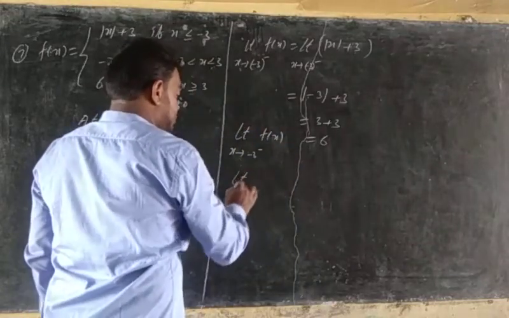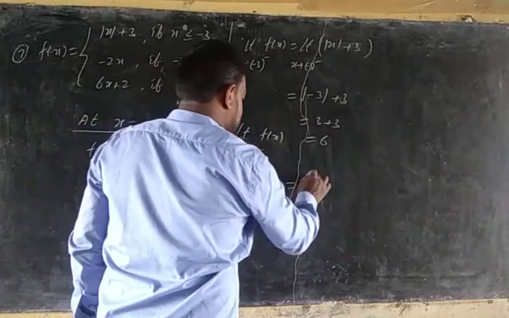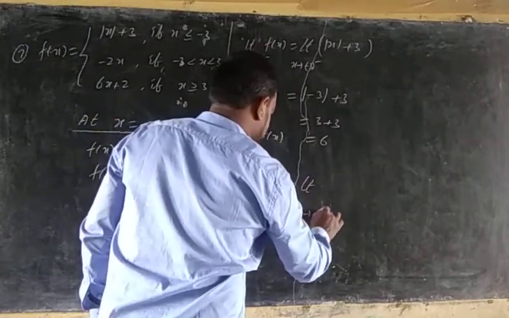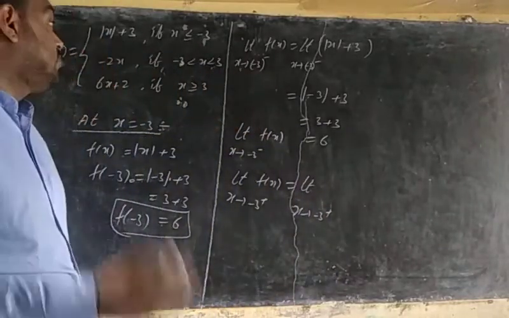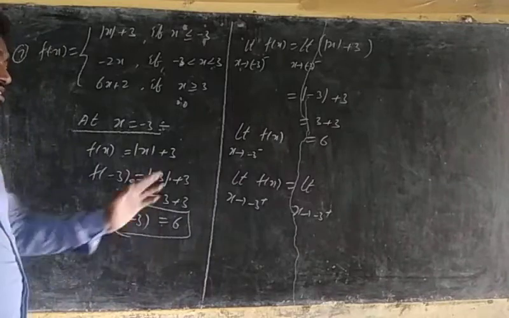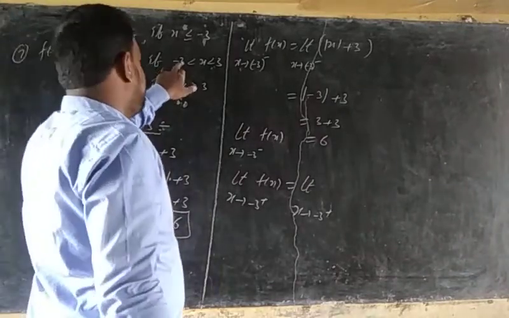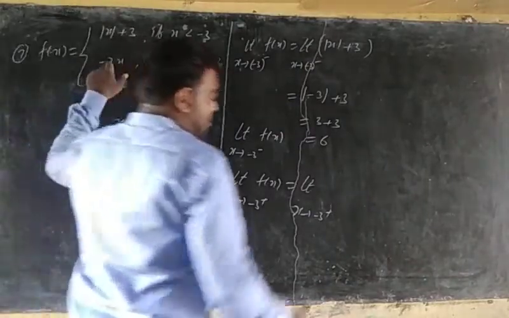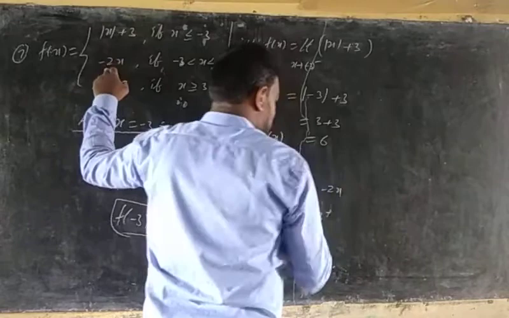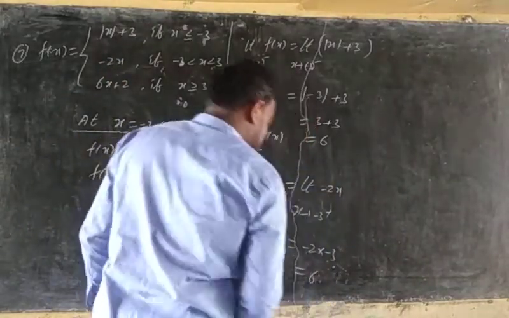Now limit x tends to minus 3 plus of f of x. Minus 3 plus means x is greater than minus 3. For minus 3 less than x, or x greater than minus 3, the function is minus 2x. So you substitute now: minus 2 into minus 3 is 6.